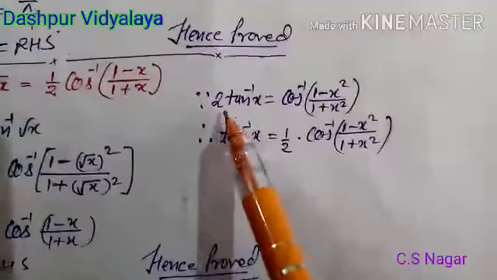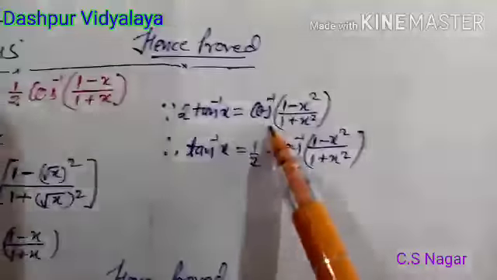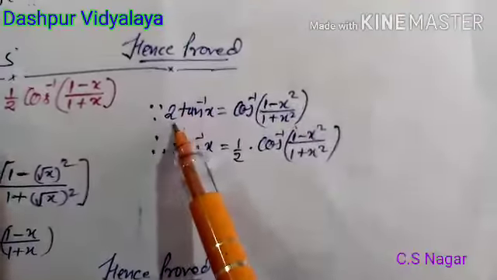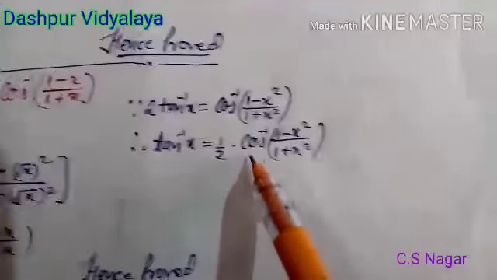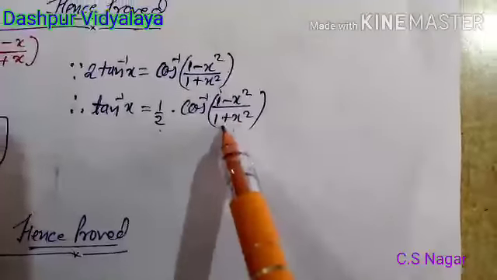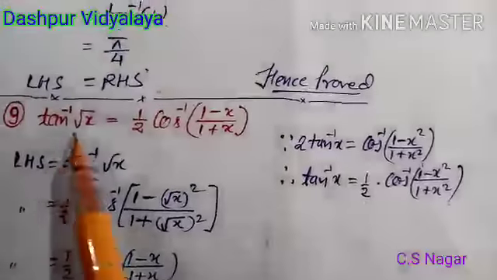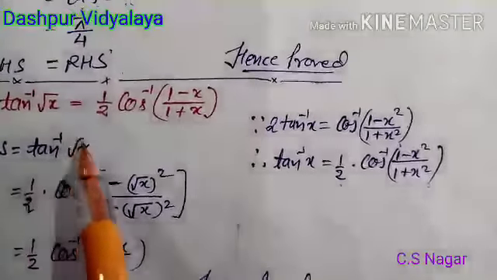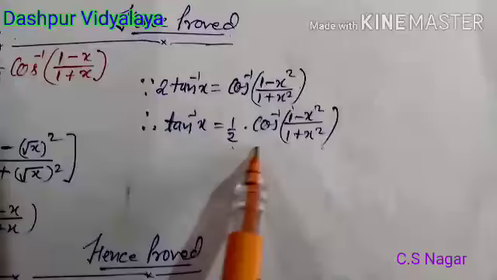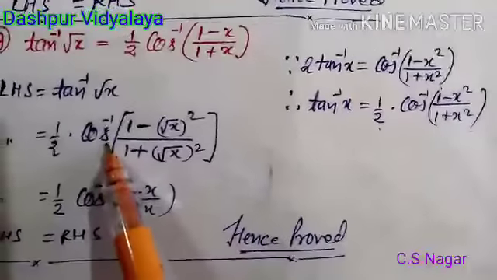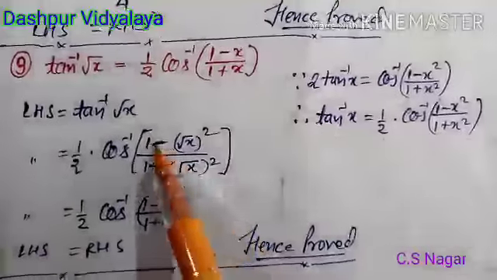Since we have the formula, 2 times tan inverse x is cos inverse of 1 minus x square upon 1 plus x square. This 2 transfers to the right side, so 1 by 2 cos inverse of 1 minus x square upon 1 plus x square. So by taking LHS, tan inverse under root x, and using this half-angle formula, write 1 by 2 cos inverse of 1 minus x square.